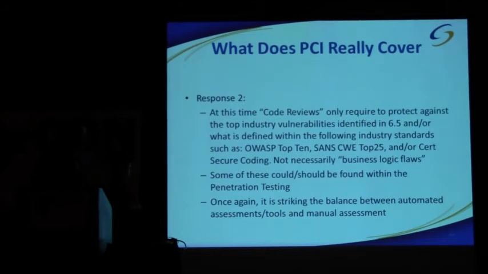If you want to use other standards, you can also use the SANS CWE Top 25, or secure coding practices as well. Once again, the standard itself doesn't say to look for business logic flaws, because there's just no good way to identify that type of vulnerability. There isn't a CVE database of business logic vulnerabilities.